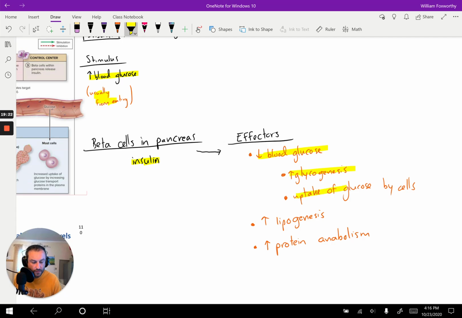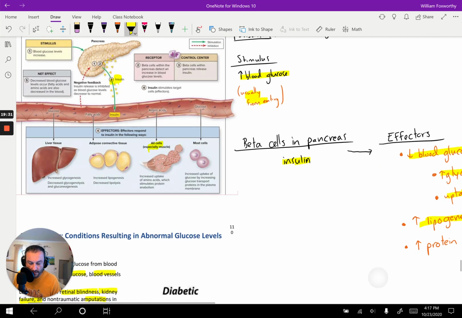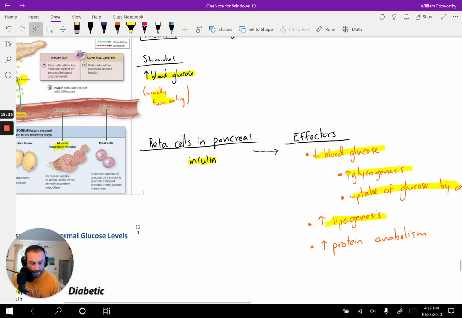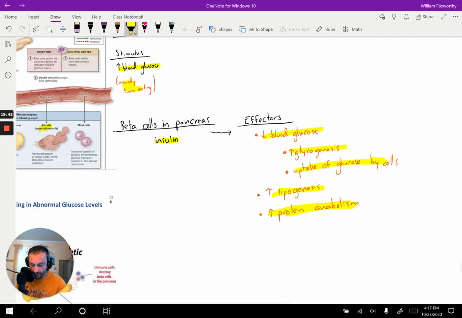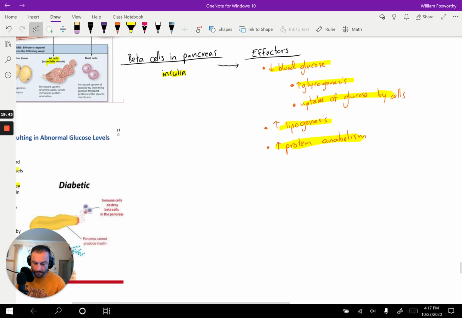It also promotes uptake of glucose by your cells. At the same time, it is promoting lipogenesis, or synthesis of new fat, and protein anabolism, or building of new proteins, like in your muscle cells.